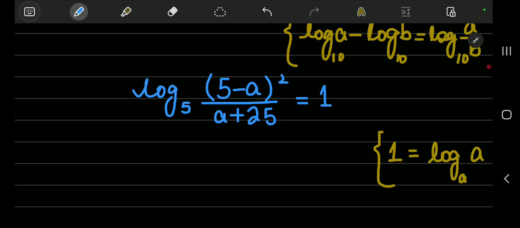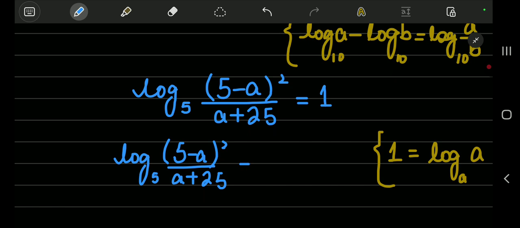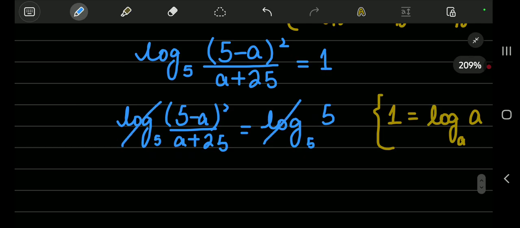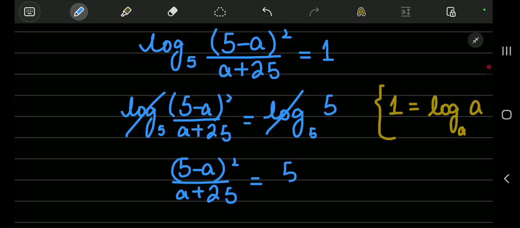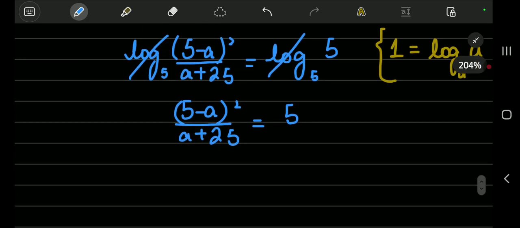So we put it equal to log with base 5 of (5 minus a) squared over (a plus 25) equals log base 5 of 5. You have the same log on both sides, so you can cancel, and you're left with (5 minus a) whole squared over (a plus 25) equals 5.